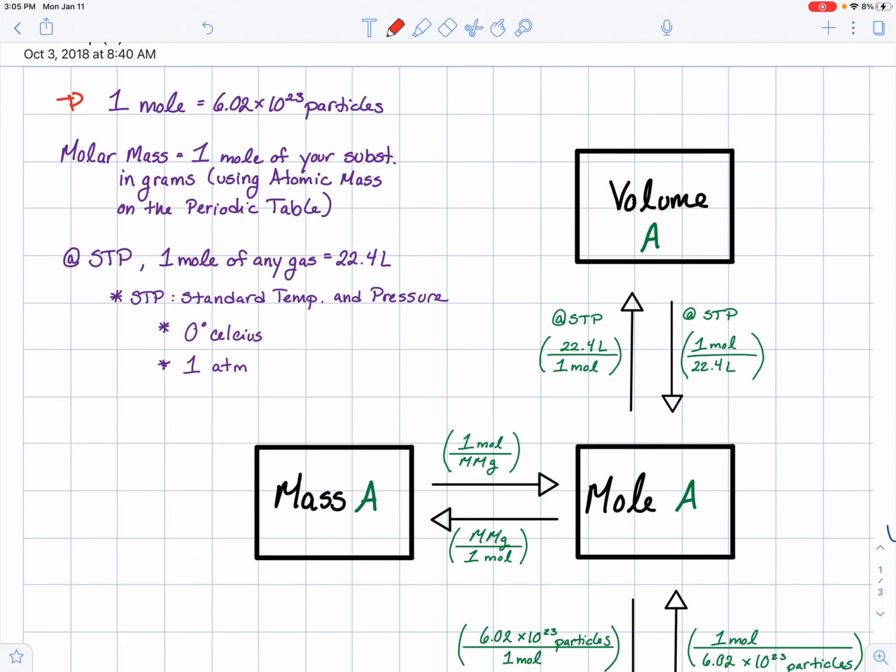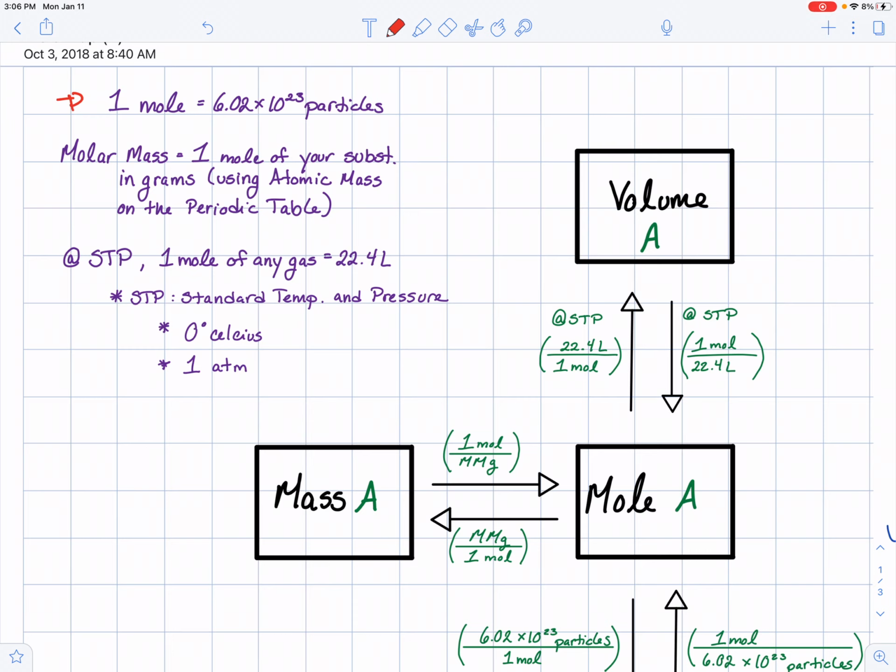So instead of saying that I have, I don't know, like 12 sextillion, that's not a real number, of oxygen molecules, instead you can say I have 2 moles of oxygen molecules. So a mole makes it easier to talk about the quantity of atoms or molecules that we have.